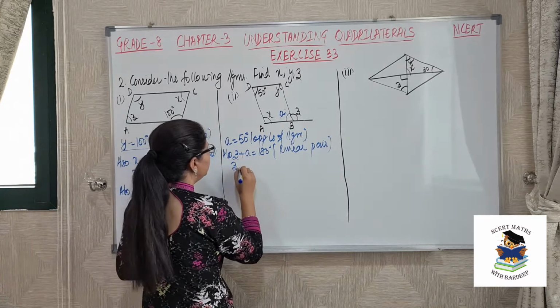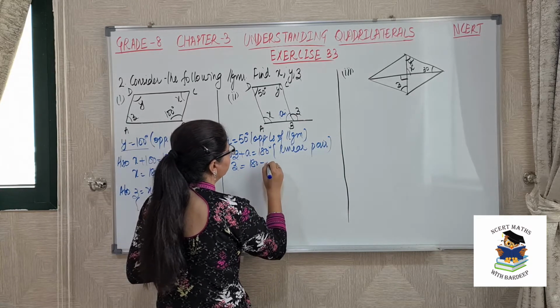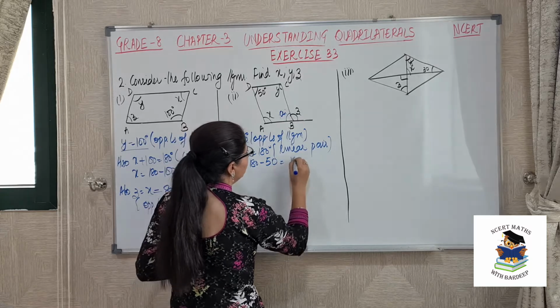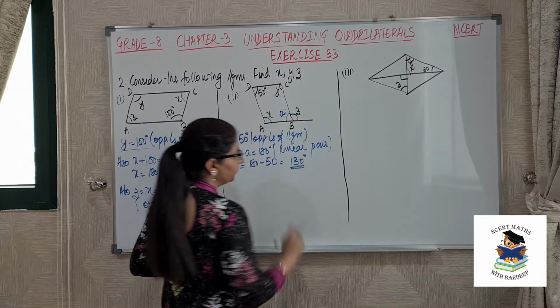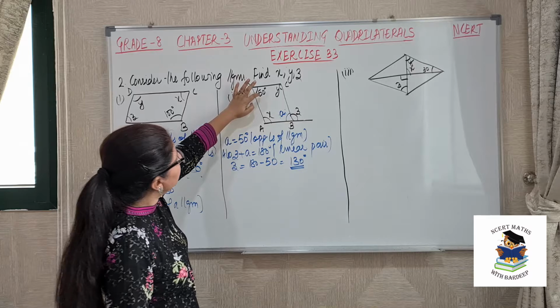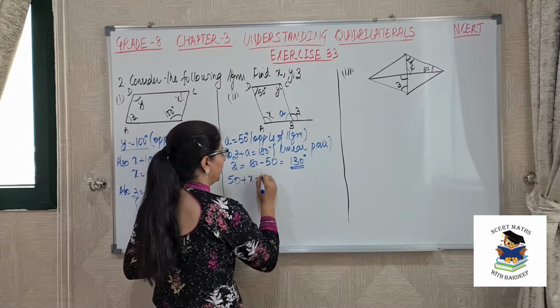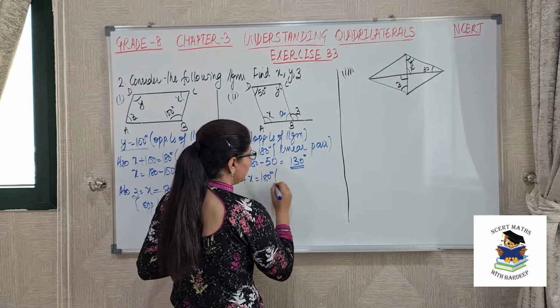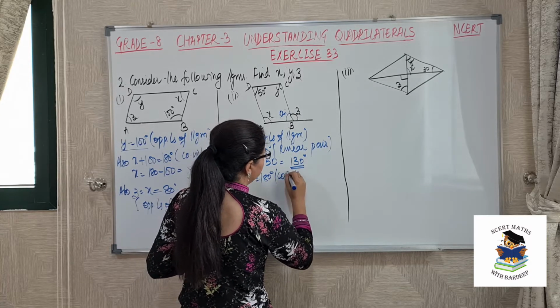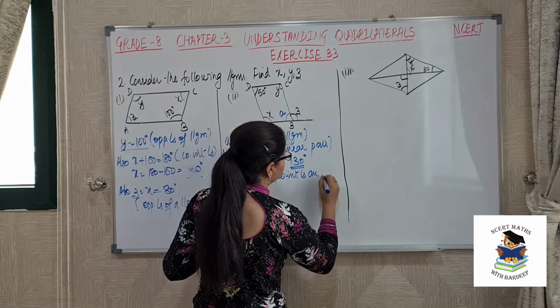And what is z in this case then? 180 minus 50 degree. So this is 130 degree. Okay. So similarly 50 plus x is 180 degree. But what is reason? In this case it is co-interior angles are supplementary.